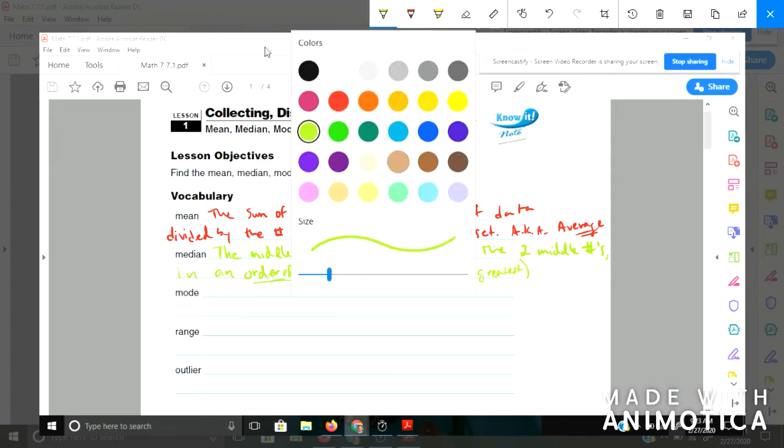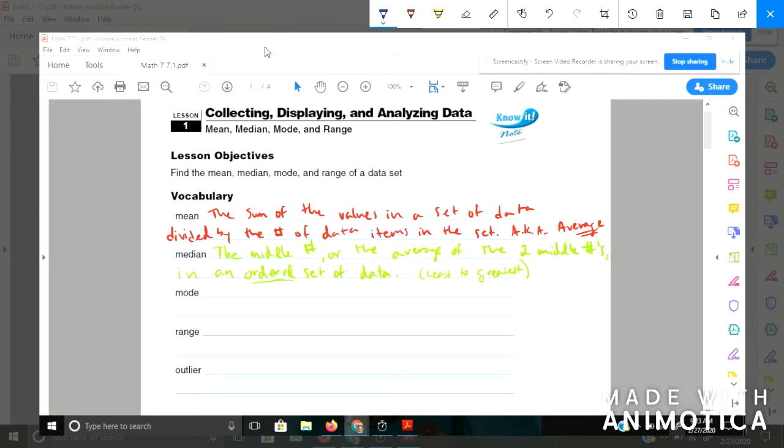Right? The mode is the number or numbers that occur most often. The number that occurs most often. If there are no numbers that occur with the same frequency, then there's no mode.